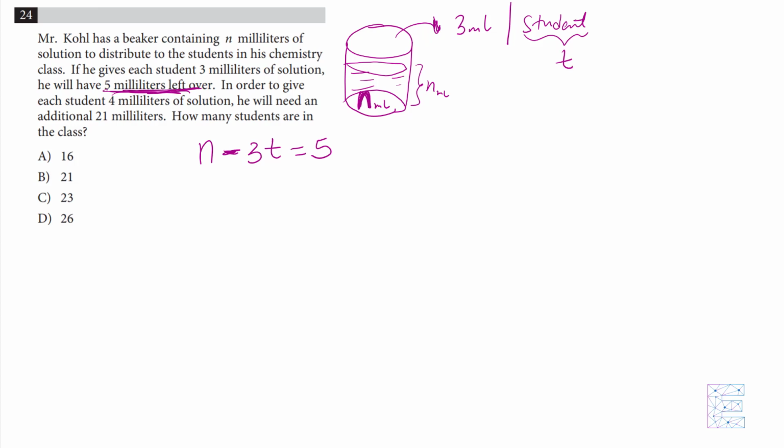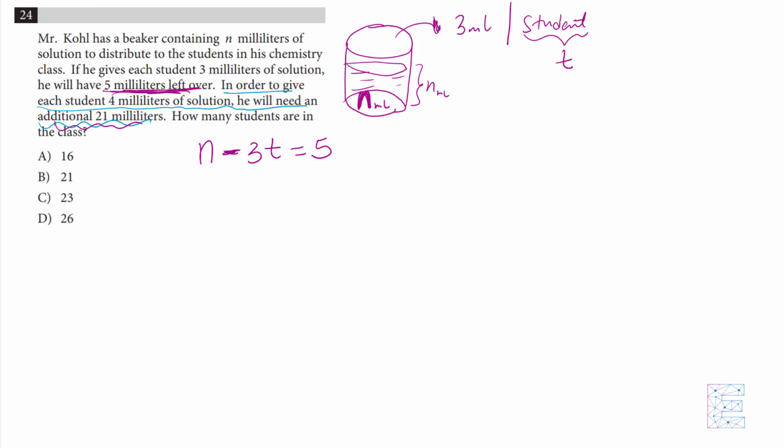And then we read further and we find out that in order to give each student 4 milliliters of the solution, he will need an additional 21 milliliters. And that means he wouldn't have anything left over. So for the second equation, to be able to pull this off, we need more liquid. How much more liquid do we need? 21 more milliliters.